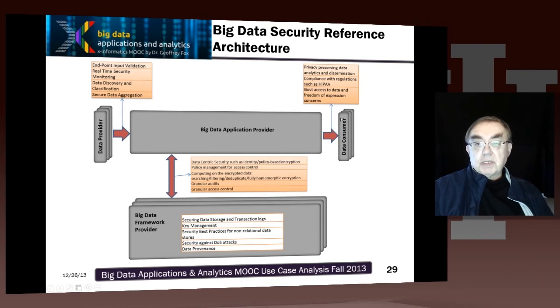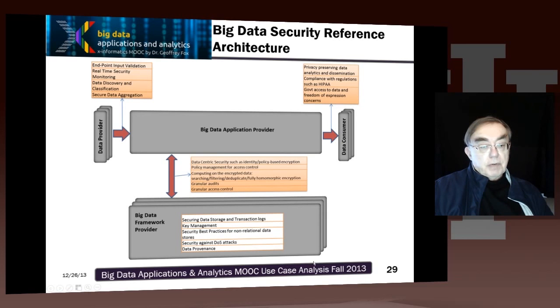When we consume it, we have to worry about freedom of information issues, compliance with regulations like HIPAA, and using analytics that do not give away information that should not be given in an incidental fashion. And here we have all the security issues connected with the actual processing of the data, and here we have issues connected to storing the data.